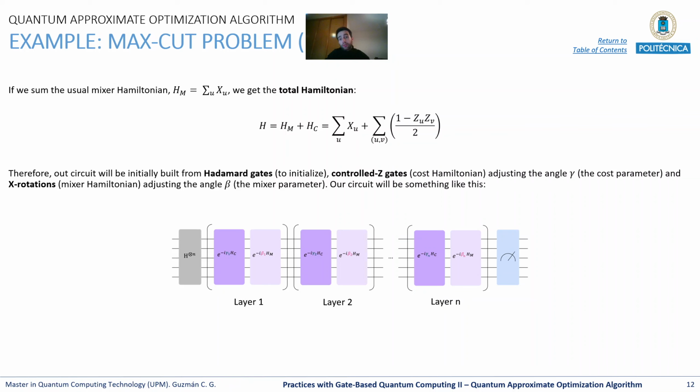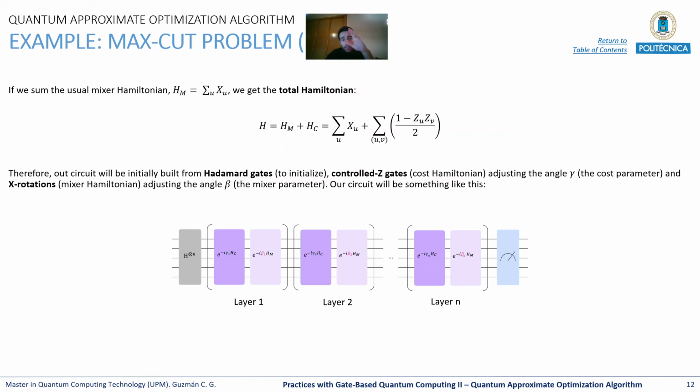The X rotations will depend on the parameter beta, that will be the angle of the rotation. The cost Hamiltonian that you have there will be the operator that will evolve when optimizing the parameter gamma, and the other one will evolve when optimizing the parameter beta.